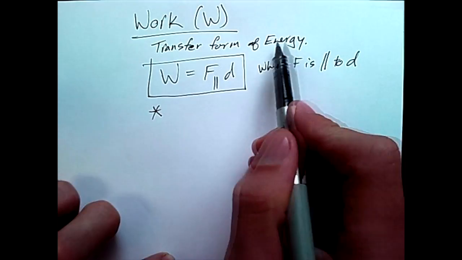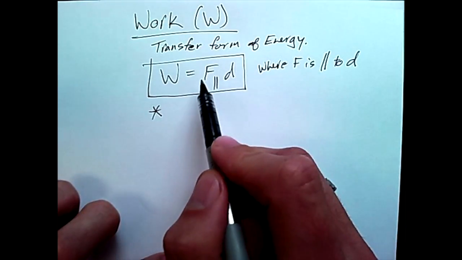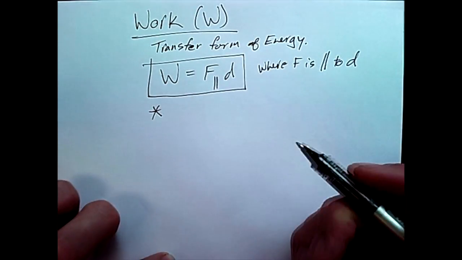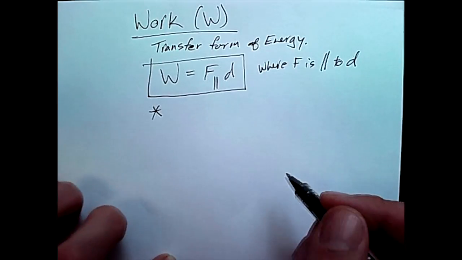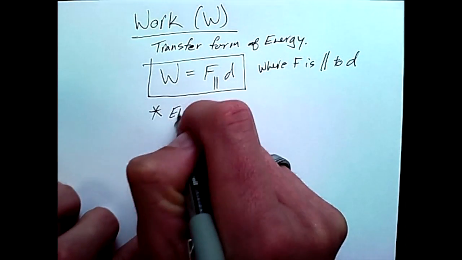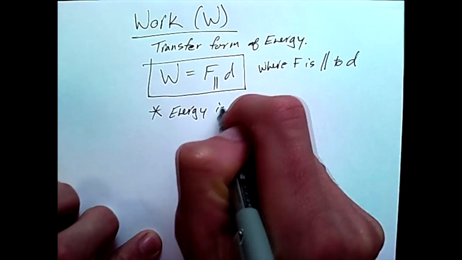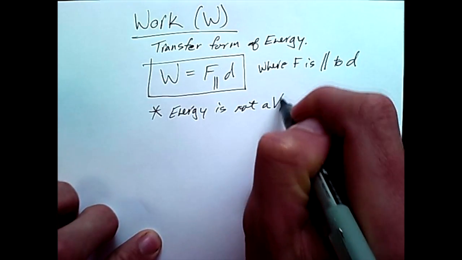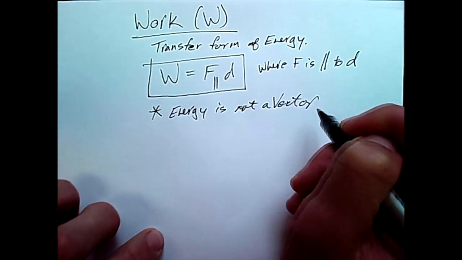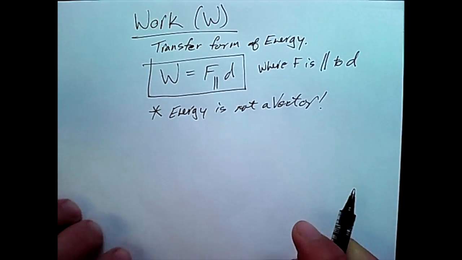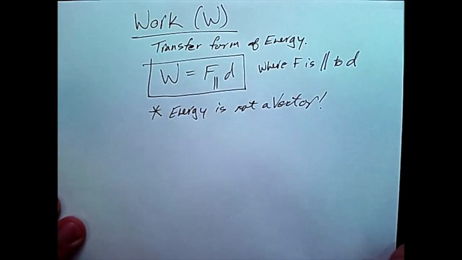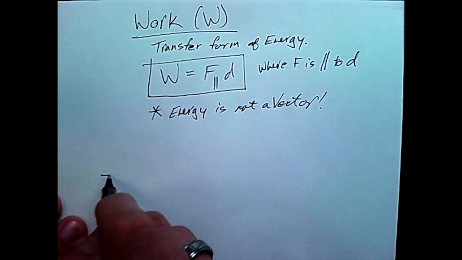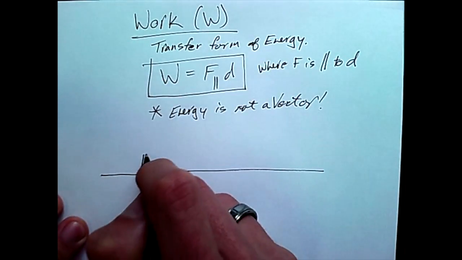Transferring energy out of the system, or a gain in energy where we are positively adding work to the system. In either case, energy is not a vector, whereas all the other concepts that we've covered so far in this course are.